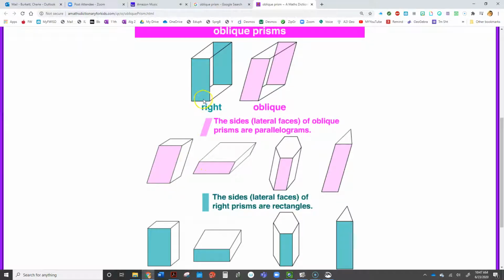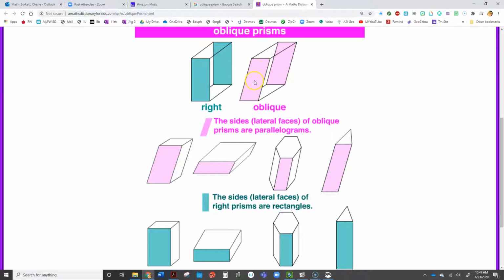So here we see that at the edges right here, the vertical face is perpendicular to that horizontal base. So we've got a right angle right there, and a right angle right here. Over here, these are not rectangles because they're not right angles.